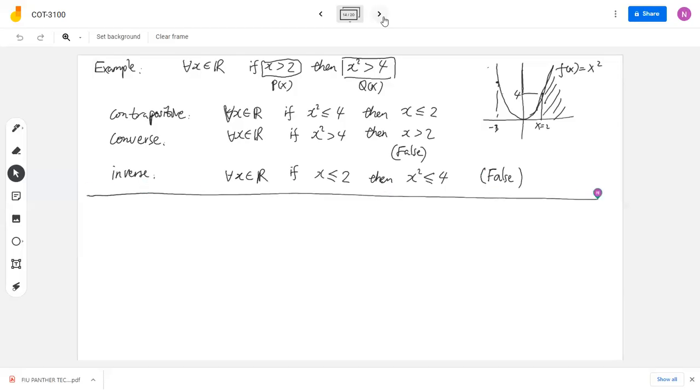Let's look at the next topic. The next item is necessary condition and sufficient condition.